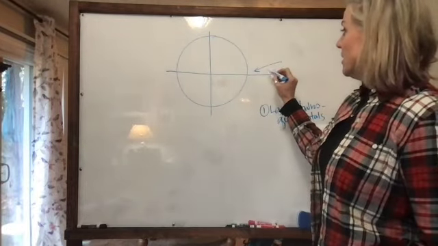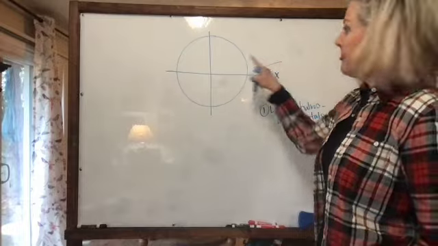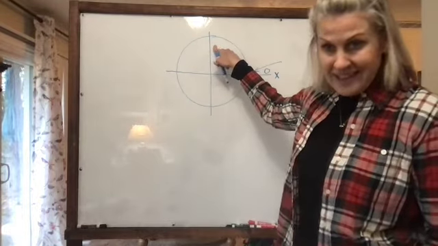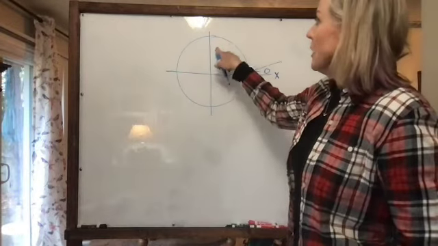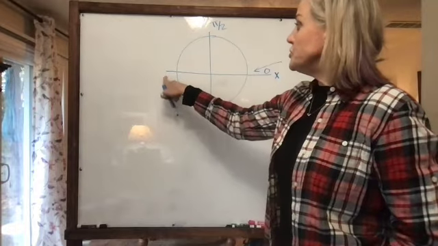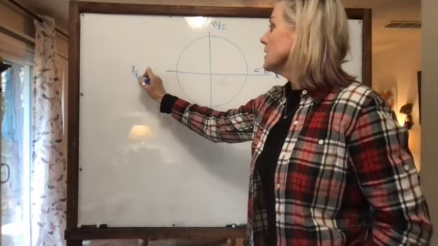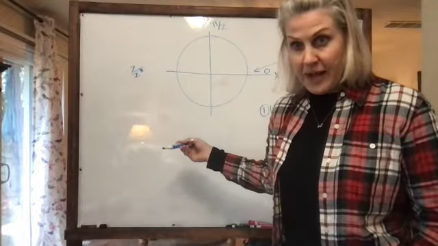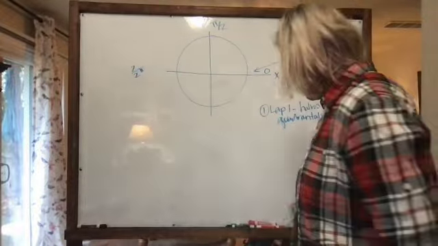So we start here, that's 0. And then we come up here and we go 1 half. Well, 1 half times pi is pi halves. So I'm going to go 1 half, 2 halves. Well, 2 over 2 times pi, 2 halves, is 1.